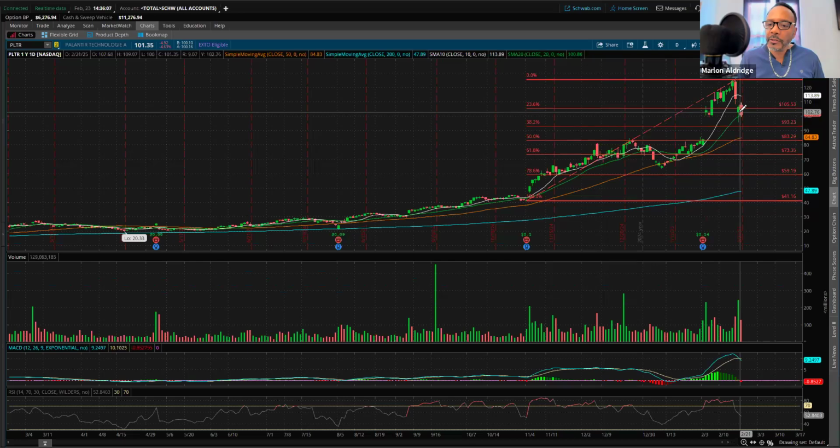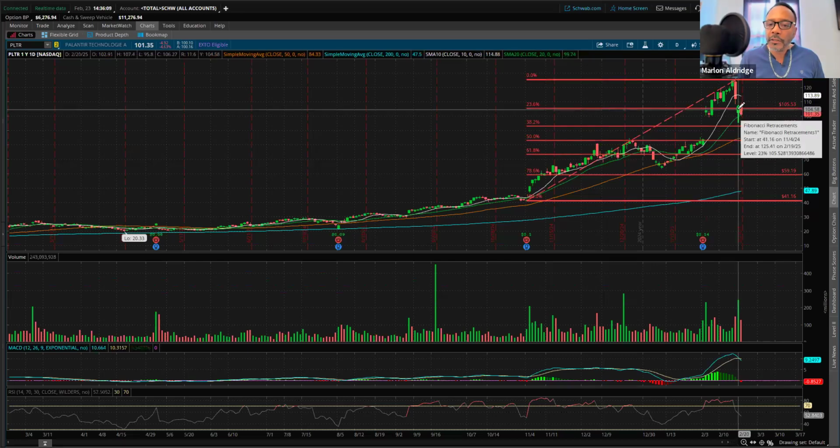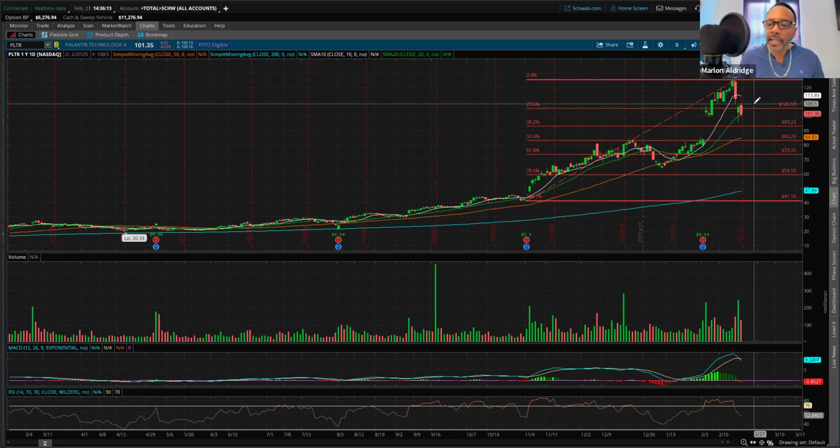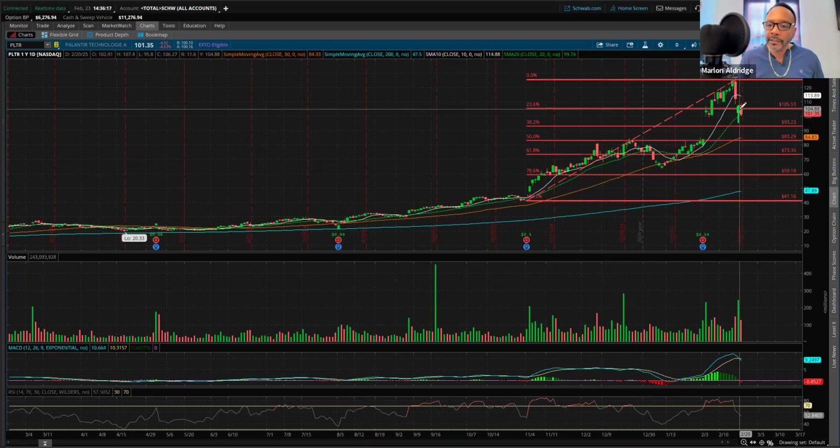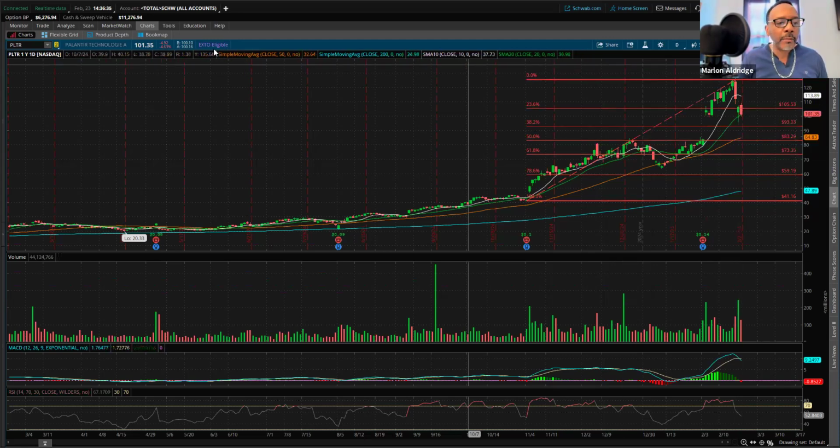The retracement was to the 23.6% level. Notice that on February the 20th, which was the Thursday, and February the 21st, the price action hovered around 23.6%.